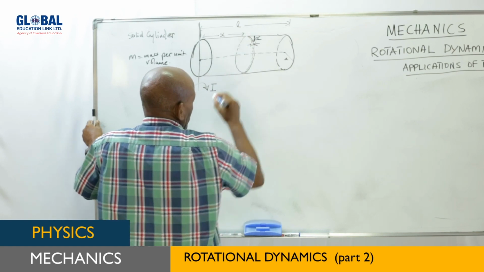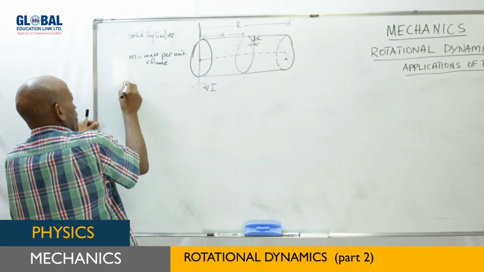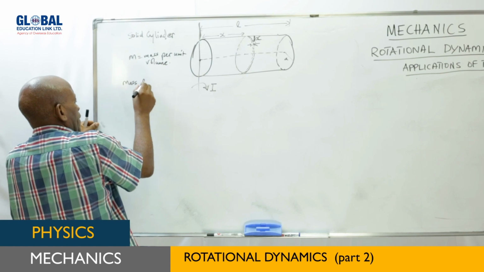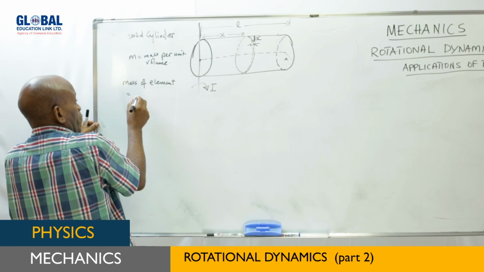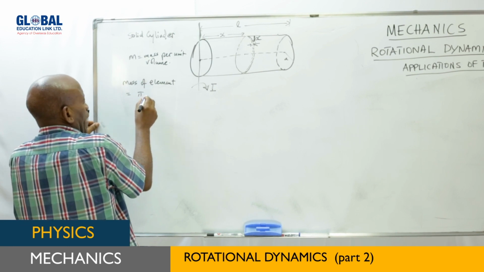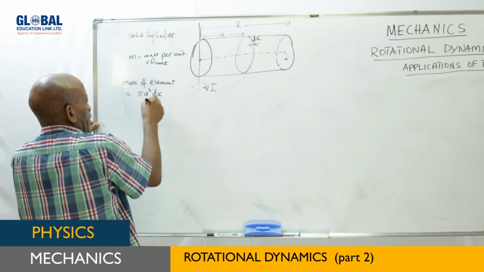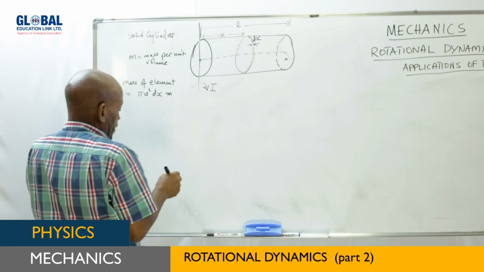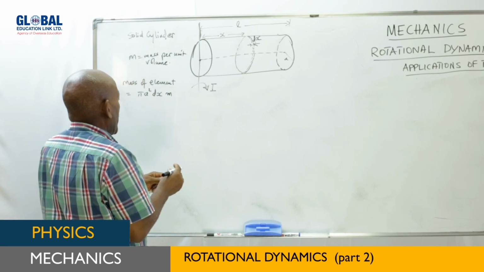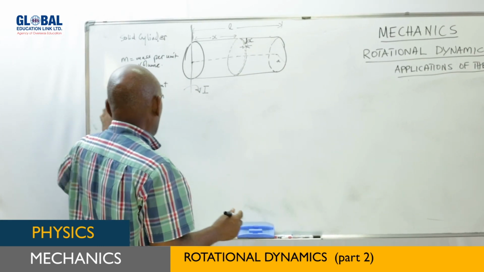Let me take this thickness to be dx. The mass of that element will be equal to the mass per unit volume times the volume, that is pi times the radius squared times dx. So this is the mass of an element.